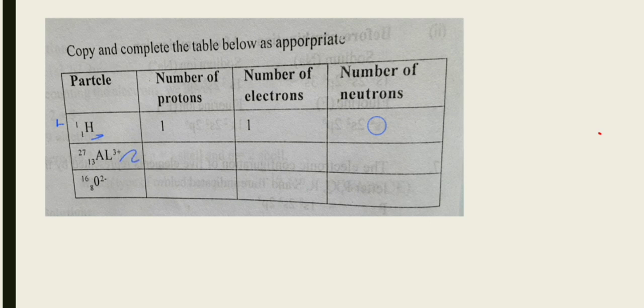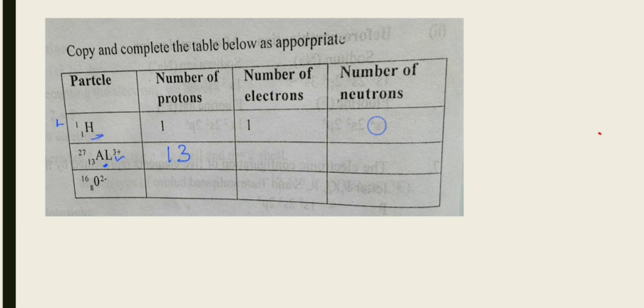Coming to the aluminium, it has a charge of plus 3. This plus 3 signifies that it has lost 3 electrons. It has 3 electrons less than protons. And the number of protons is equivalent to the atomic number, which is 13.